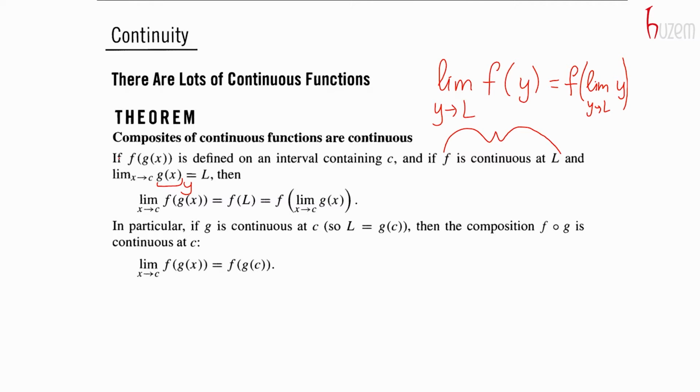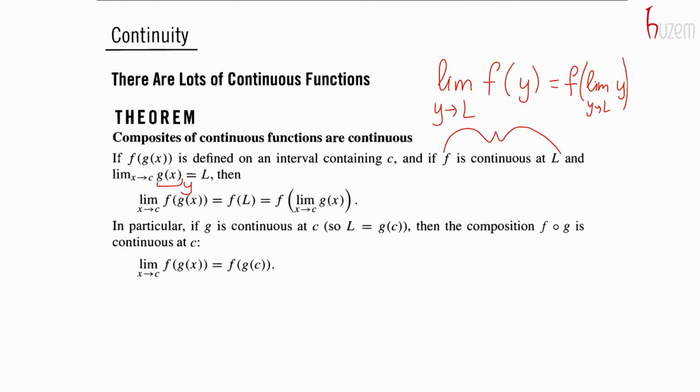Suppose f composition g is defined on an interval containing the number c, and if f is continuous at L and limit of g at c is L, then limit of the composition f composition g is nothing but f(L), which is also f of limit of g at c.